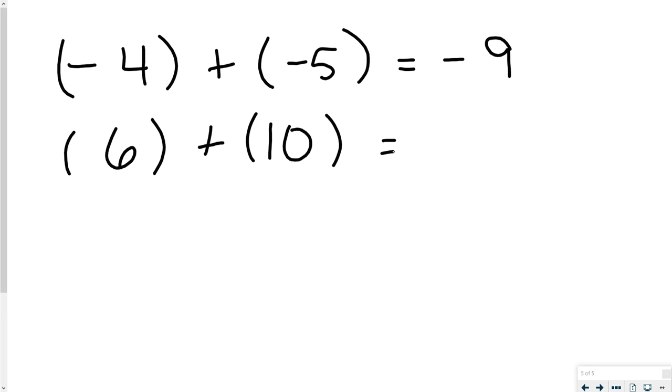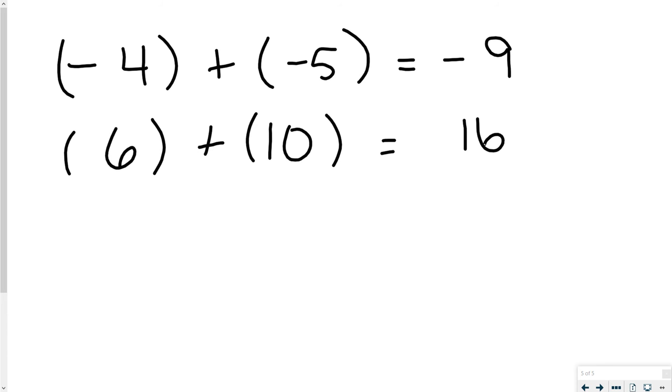So 6 with no sign in front of it is positive 6. 10 with no sign in front of it is positive 10. So both of these are positives. So my answer has no option but to be positive. And 6 with 10 more is 16. Okay, those are the easy ones. So if they're both negatives, your answer is going to be negative. If they're both positive, your answer is going to be positive.